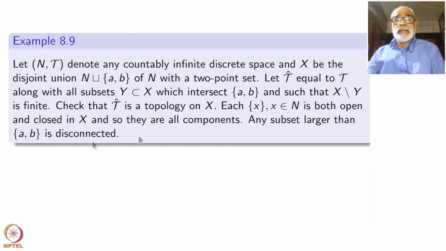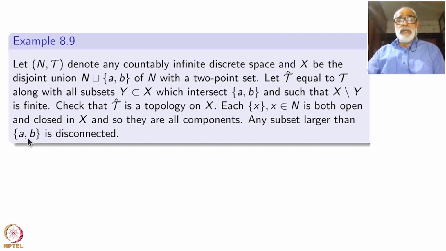Any subset larger than {A, B} is disconnected. Can you see that? Take {A, B} itself as a subspace of X. What is the topology on this one? As a subspace, it is a discrete space.